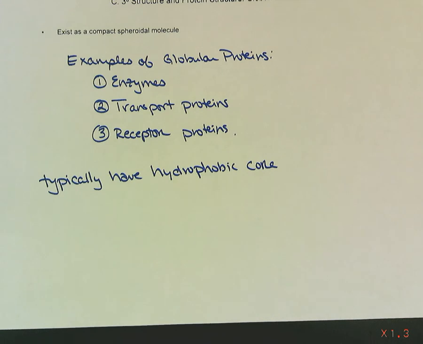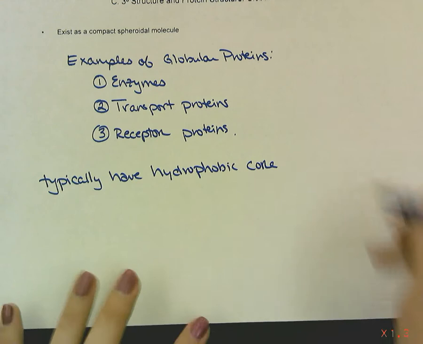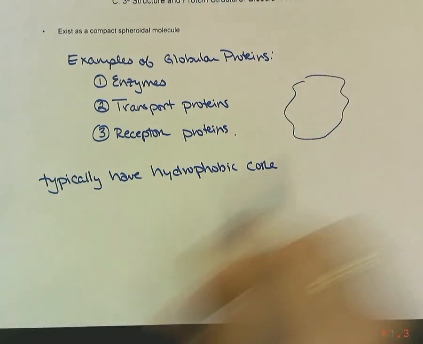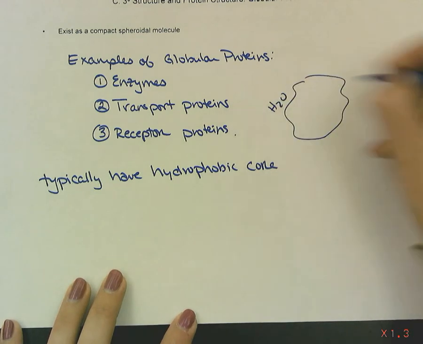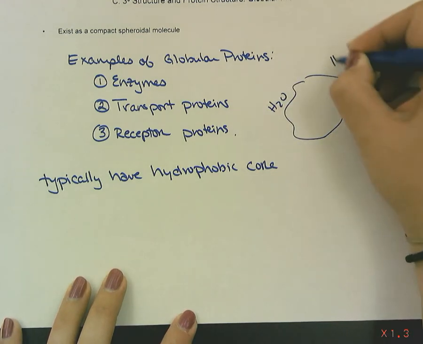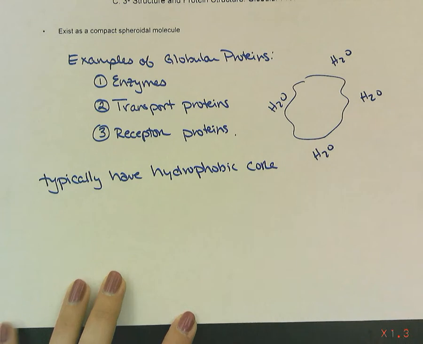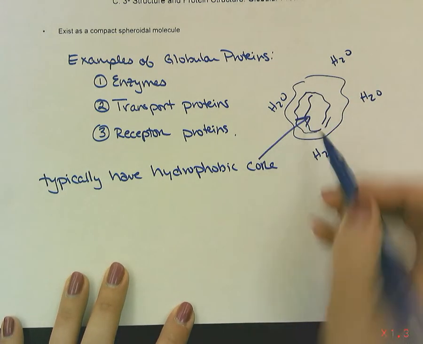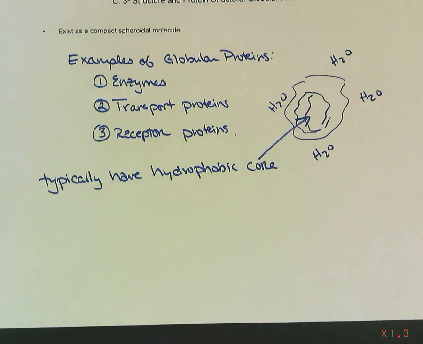Why would my globular protein have a hydrophobic core? Where's the water, compared to everything else? On the outside, right? So if this is my globular protein, I got my water over here. My amino acids on the inside are typically my hydrophobic amino acids.